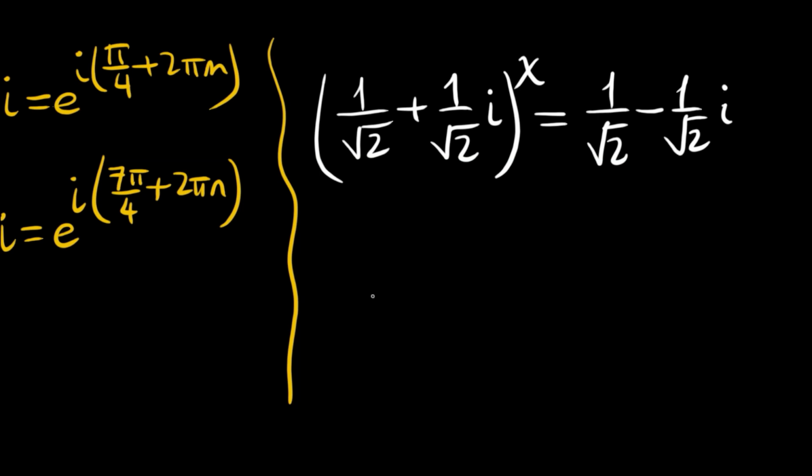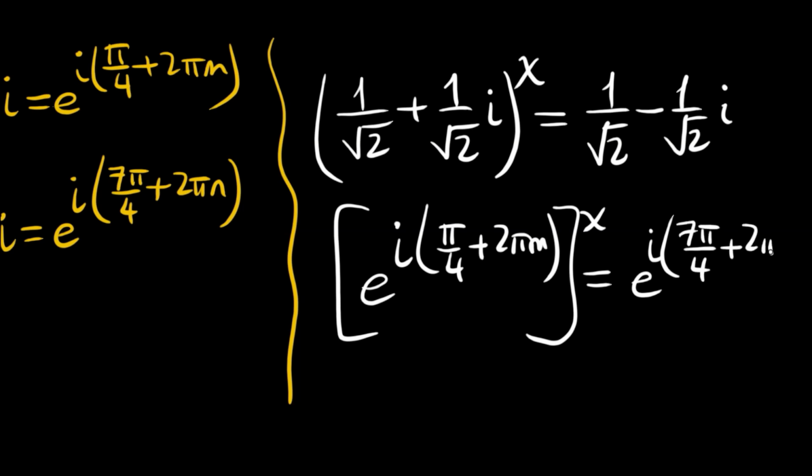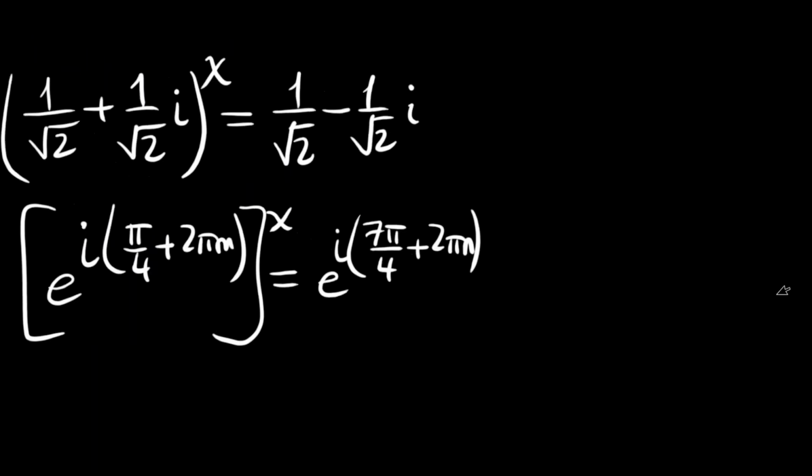Now let's write (e^(i(π/4 + 2πm)))^x is equal to e^(i(7π/4 + 2πn)). Then we will multiply the powers here.